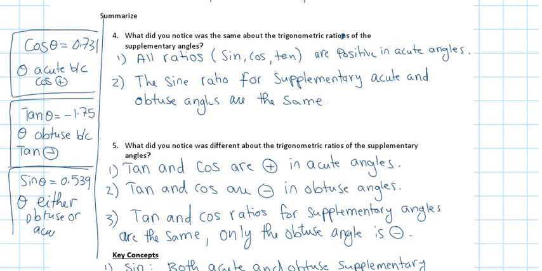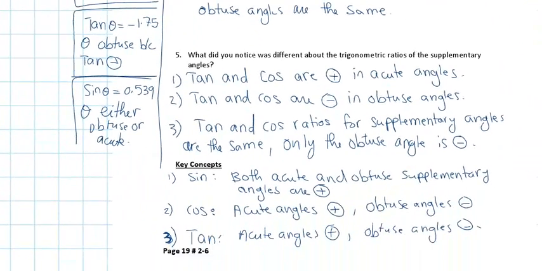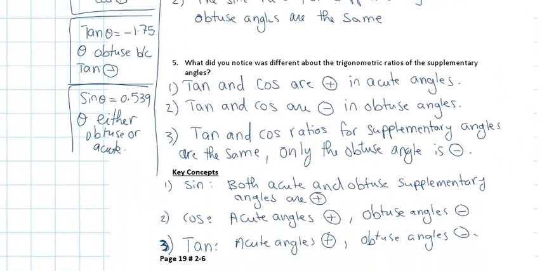So if I'm going to ask you to find angle theta here for me, what would you do? How do you find an angle from a sine ratio? Sine inverse. Okay, so do sine inverse of 0.539.